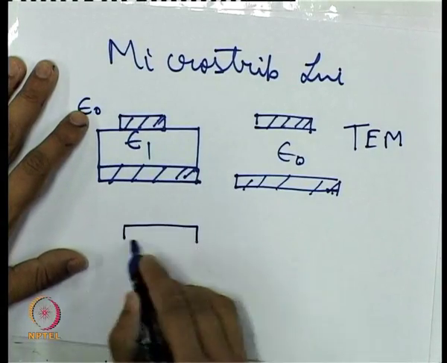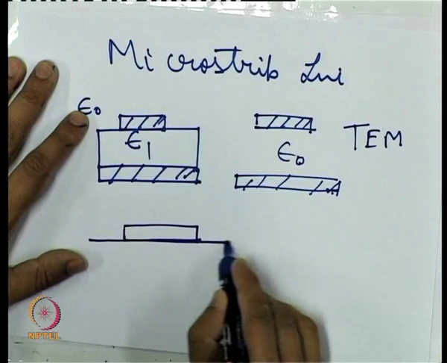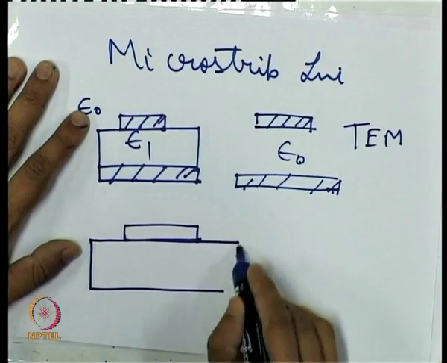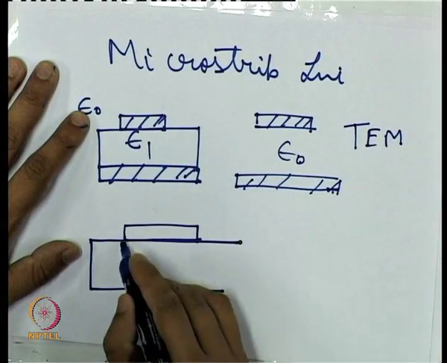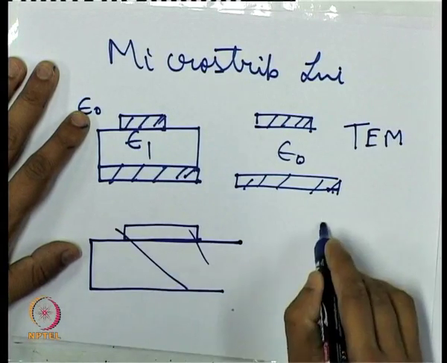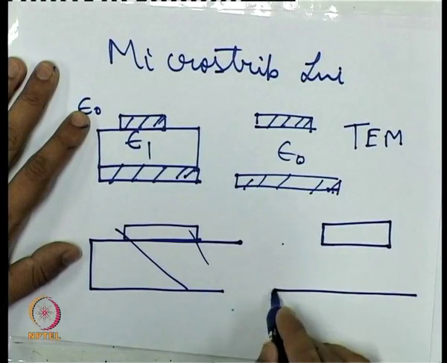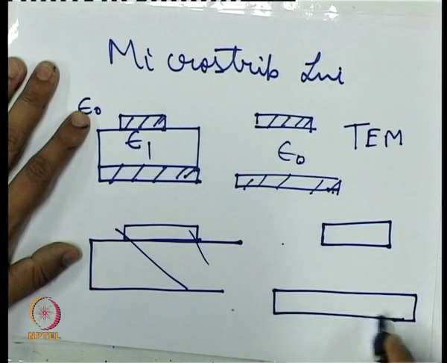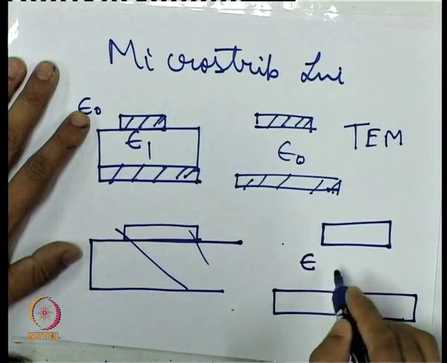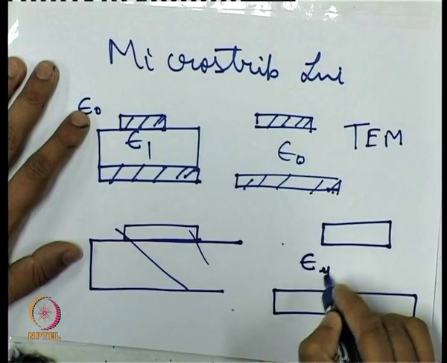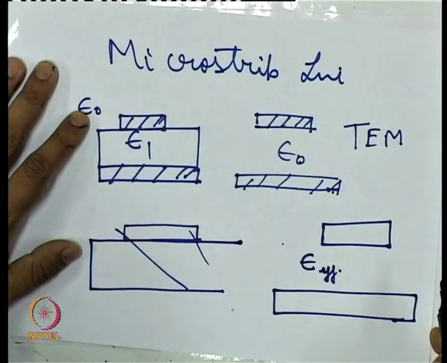What we usually do is assume that there is neither air nor the dielectric material present, but that the entire space outside and inside of these metal layers is covered with a material having a dielectric constant epsilon effective.